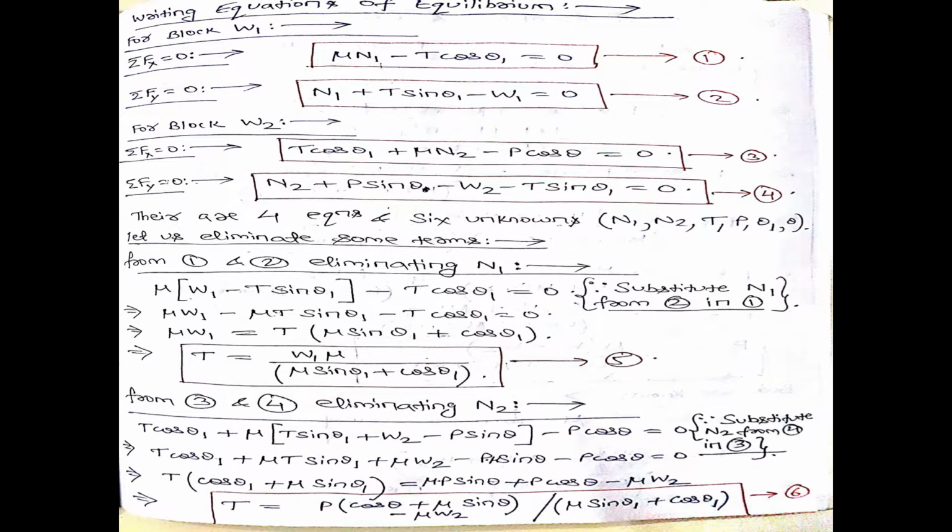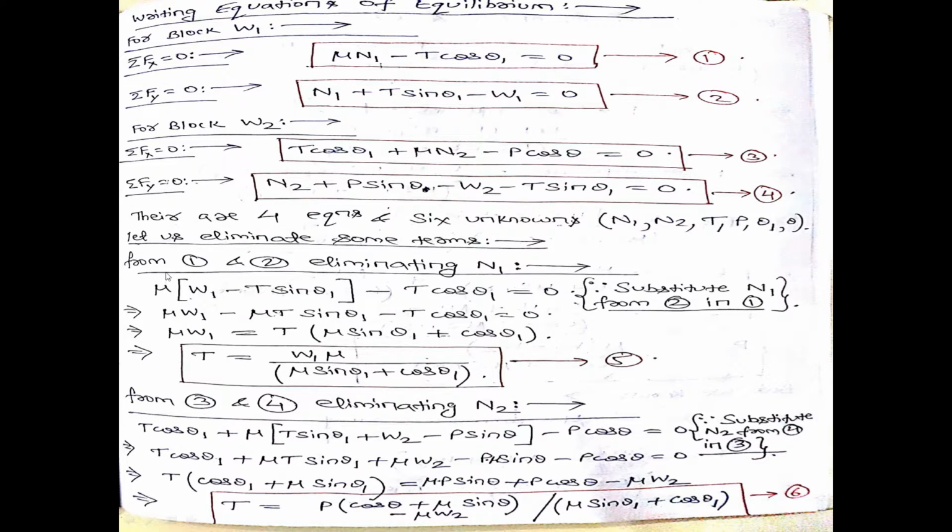For example, at last I want the value of P, so let us write N1 and N2 in terms of T, P, theta 1 and theta. Then we will have four equations, four unknowns, and easily we can get the values of all these unknowns.